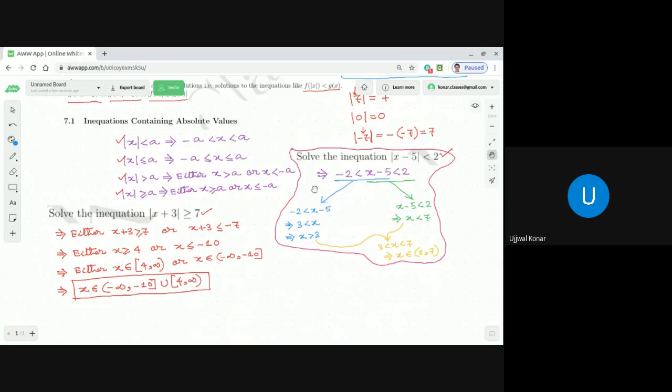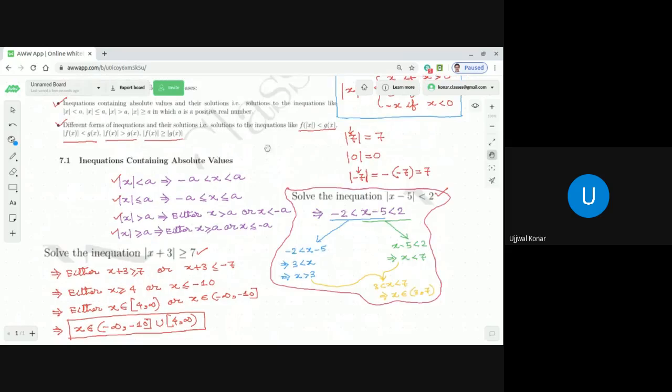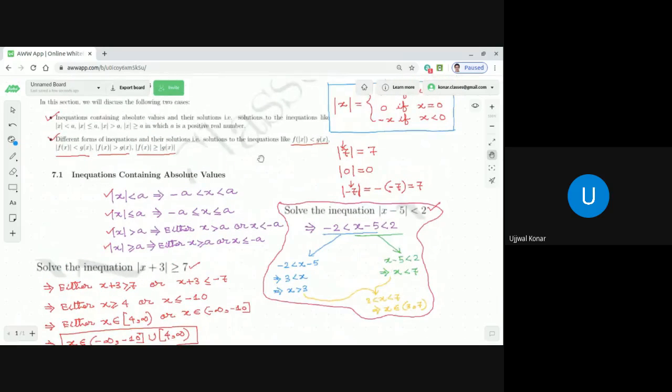In the last class, in the few problems we did on irrational inequalities, we decided that inside the square root, the expression has to be greater than or equal to 0, because the square root of a negative number is an imaginary number, which doesn't belong to the set of real numbers. Anyway, that is a different topic.